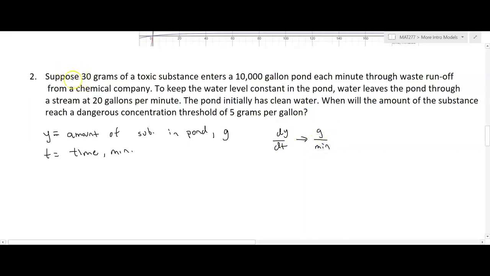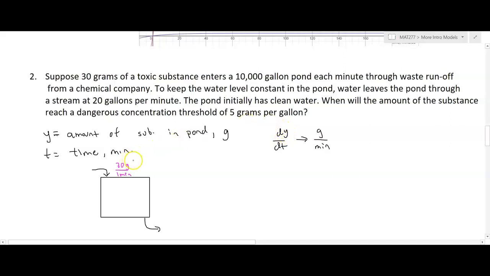Now the one nice thing here is I'm already told how many grams are entering per minute. So when I draw my bathtub analogy set up here, what's coming in is strictly given to me as 30 grams per 1 minute. Now that's already in the correct units of the inflow rate. And remember, we're looking at inflow of substance minus the outflow of the substance.